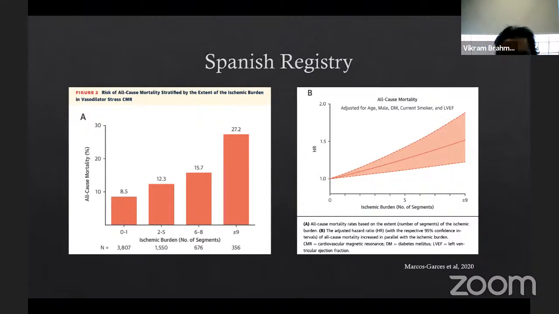So looking at all-cause mortality with respect to ischemic burden, corrected for the presence of LGE, you can see predictably as ischemic burden goes up, all-cause mortality goes up as well. And even adjusting for age, sex, diabetes, smoking status, and LV function, ischemic burden is still relevant.